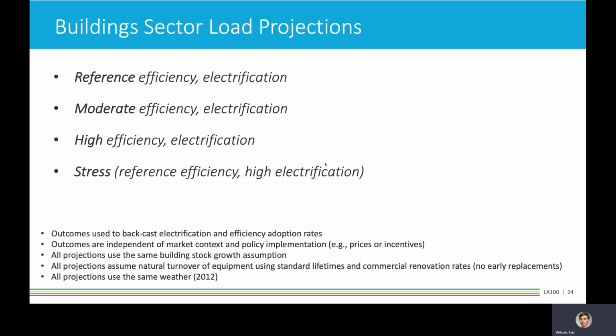Third, we did a high efficiency and electrification, basically the maximum level of electrification and energy efficiency that we thought was possible. And then we also looked at a stress scenario designed to stress the electric grid, where we use the maximum or high level of electrification, but used the reference, the lowest level of energy efficiency, to understand the impacts that would have on the electric grid.